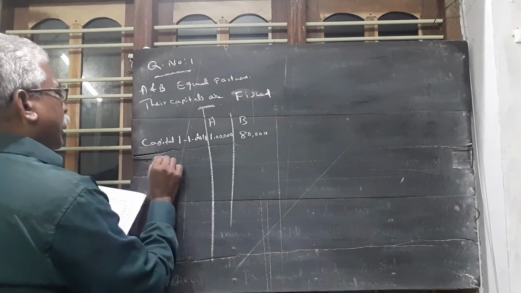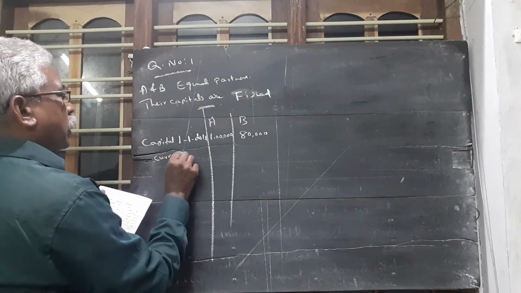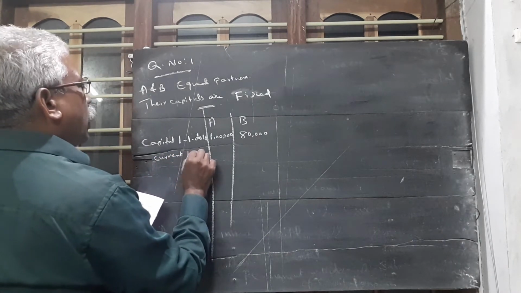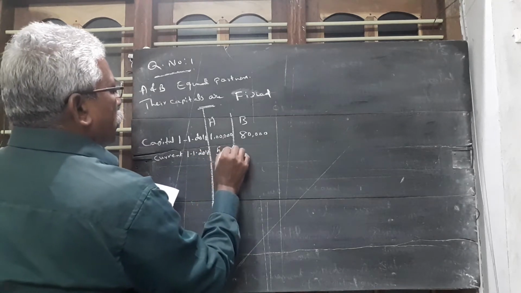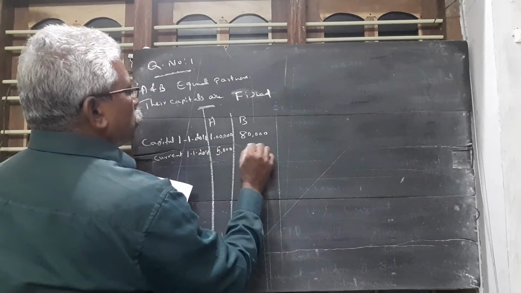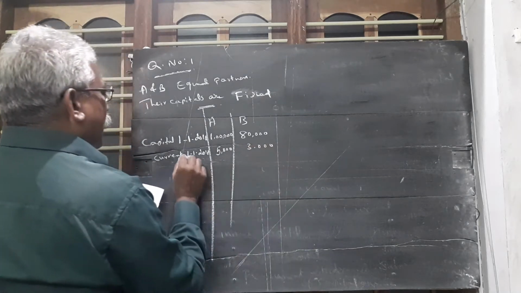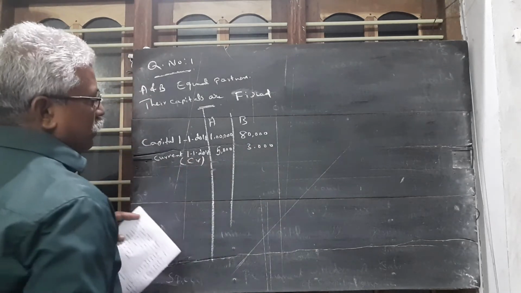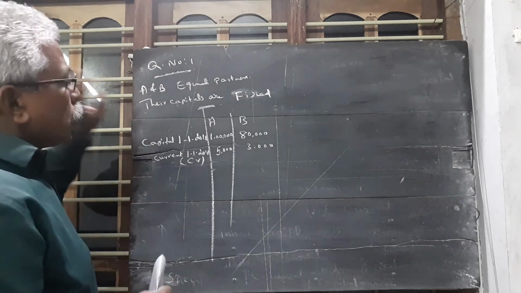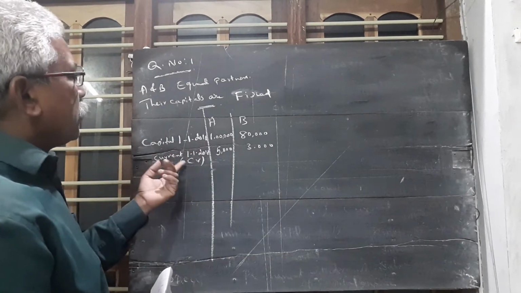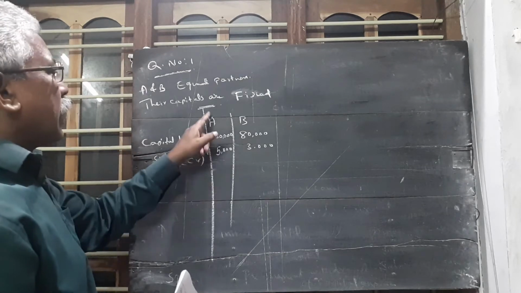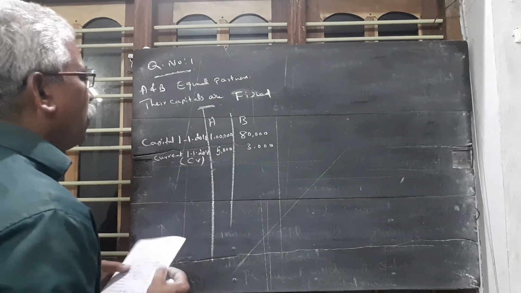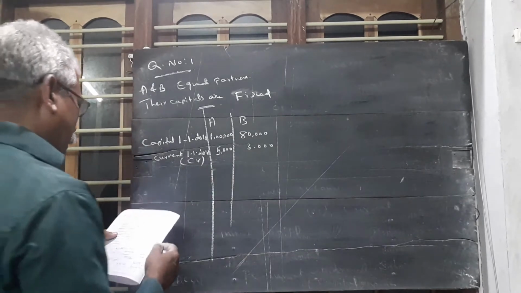Current account on 1/1/2018 shows balances of rupees 5,000 and 3,000. The current account shows the credit balance. Capital account always shows a credit balance, but the current account sometimes shows a debit balance also. But in this question, the current account shows credit balances of 5,000 and 3,000.